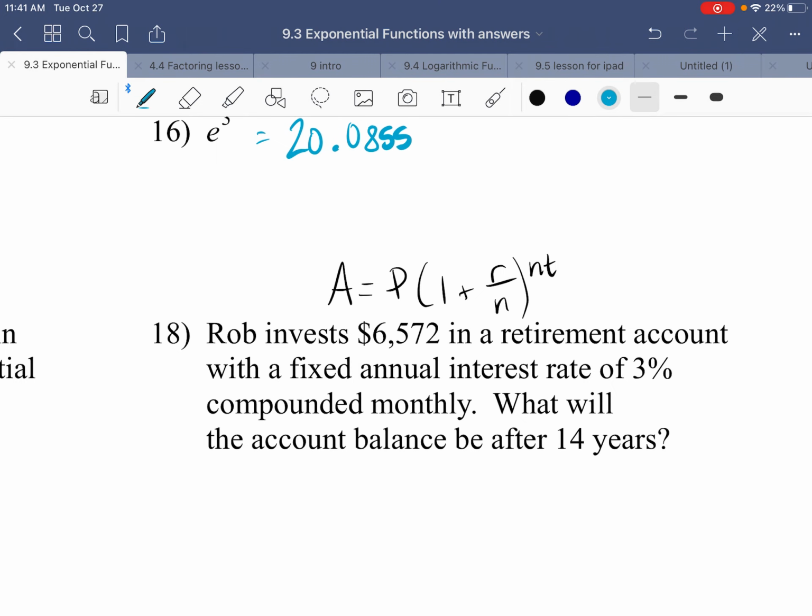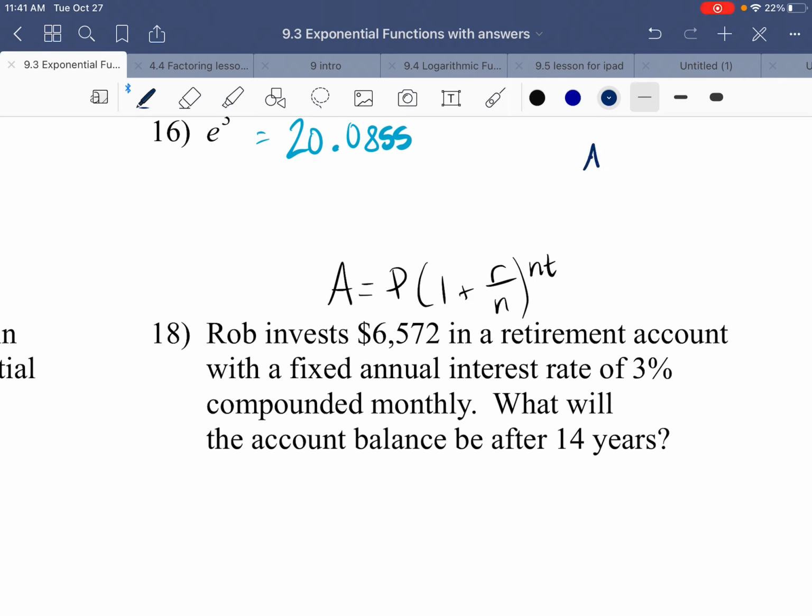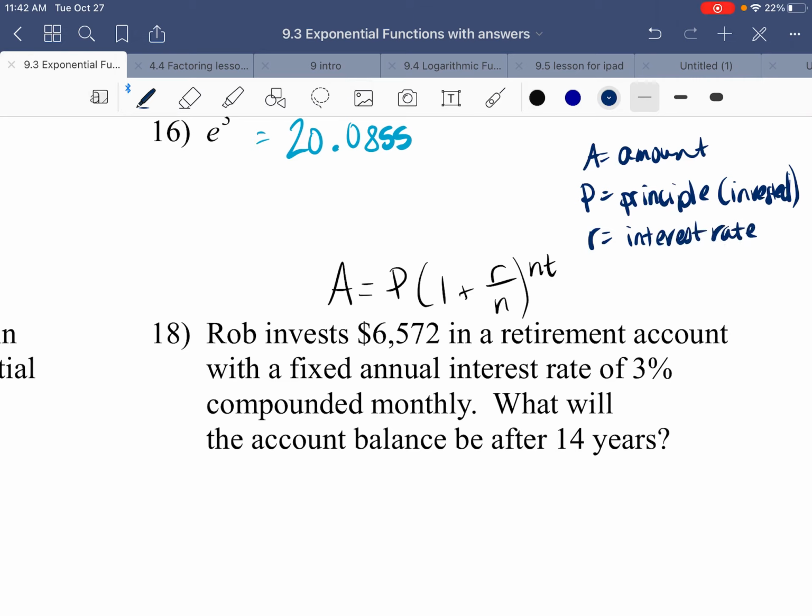So let's analyze that. A is your amount, your final amount. P is the principal, or the amount invested. R is going to be an interest rate, but you don't want a percentage, so you may have to change it to a decimal.